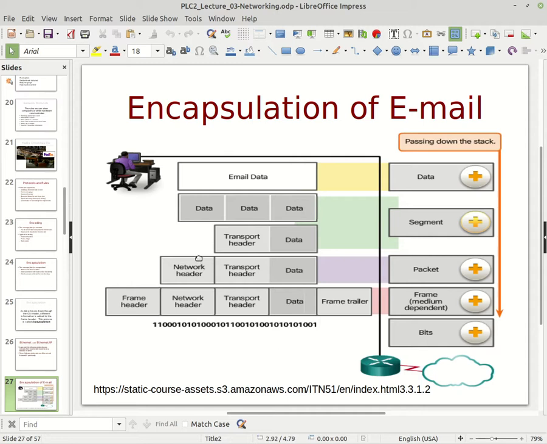And then the network header would be like the zip code, which would say the city. And if you were sending it overseas to an FPO type address, through the military, then you would add on the FPO address information. So each one of these is different bits of information.